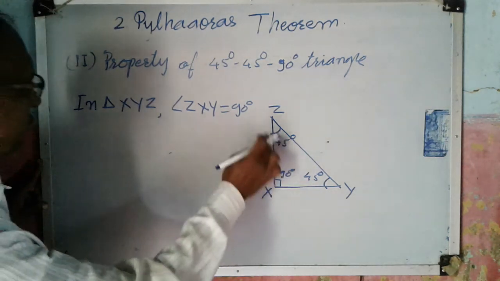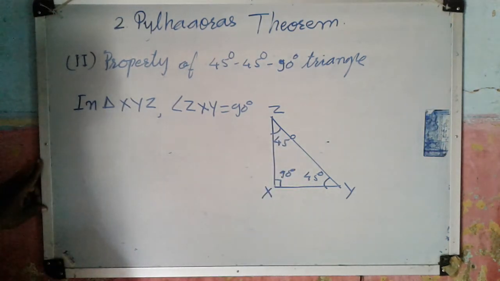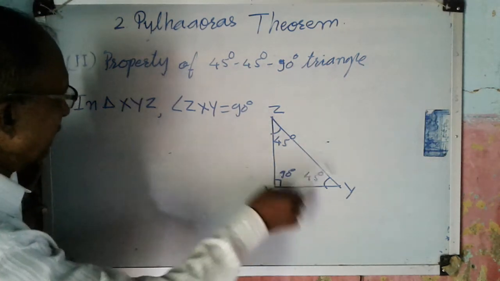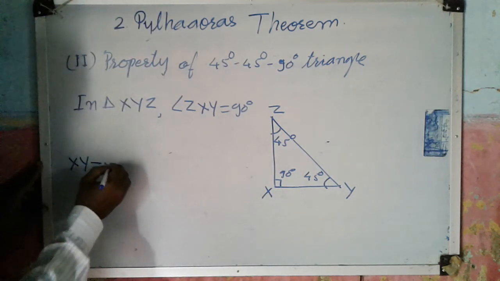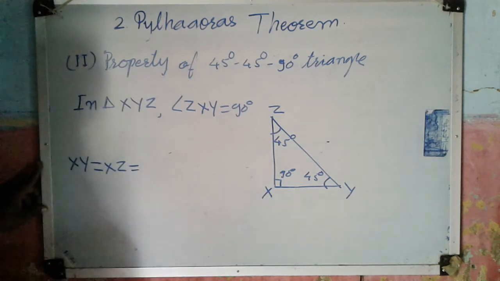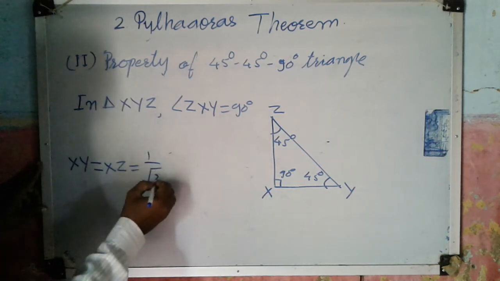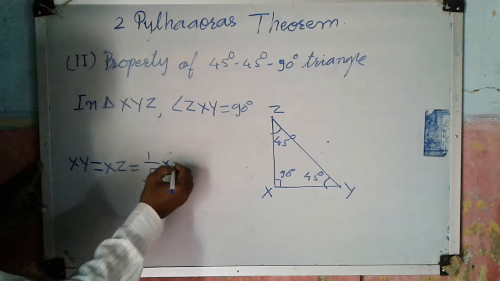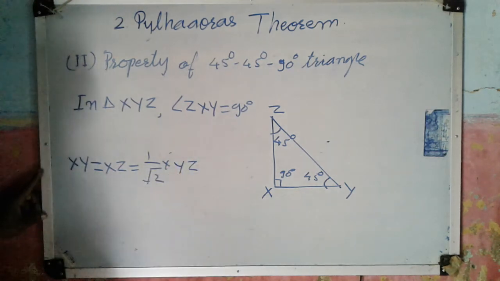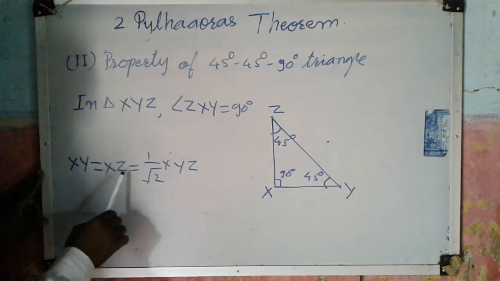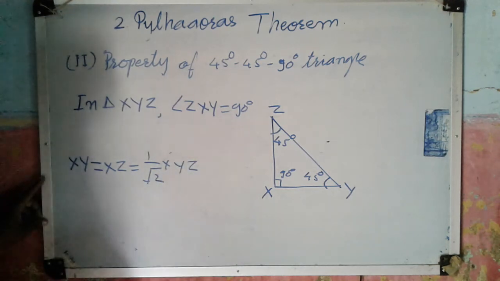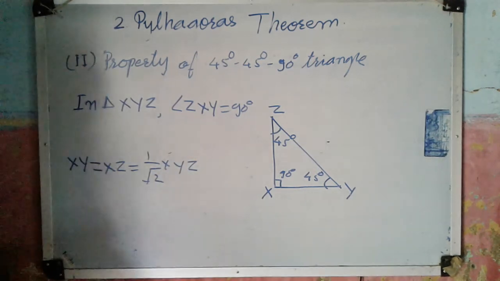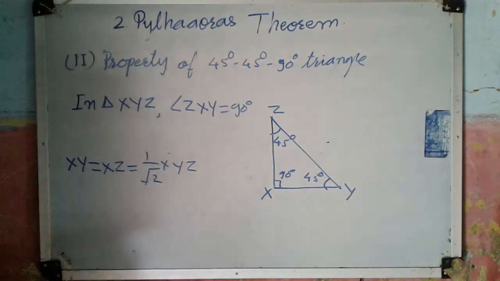So the length of each side is equal to 1 upon root 2 times the hypotenuse. YZ is the hypotenuse. That means XY is equal to XZ is equal to 1 upon root 2 into hypotenuse. So the length of each perpendicular side is 1 upon root 2 times the hypotenuse according to the property. This is the second property.